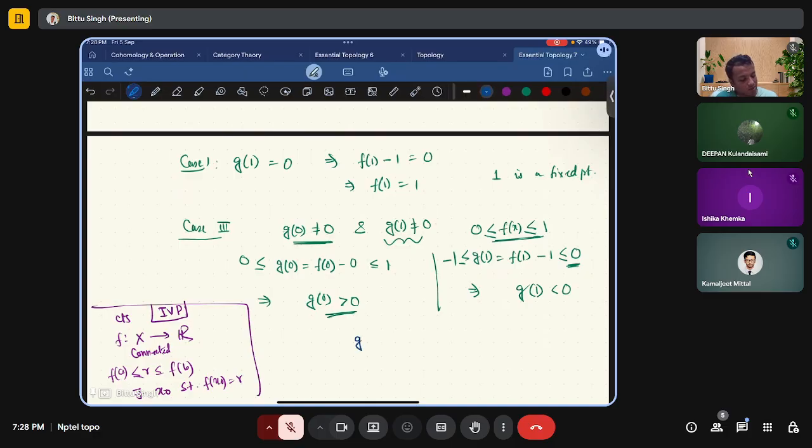So note that g(0) is strictly greater than 0, and g(1) is strictly less than 0. So 0 is in between those two values, right? Therefore we are getting this property. The intermediate value property says there exists some x0 in the domain.